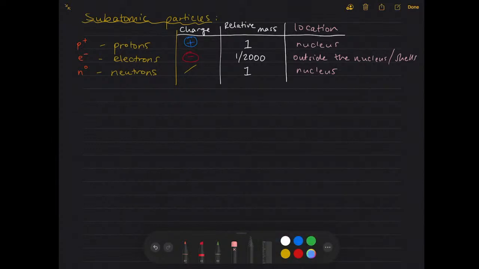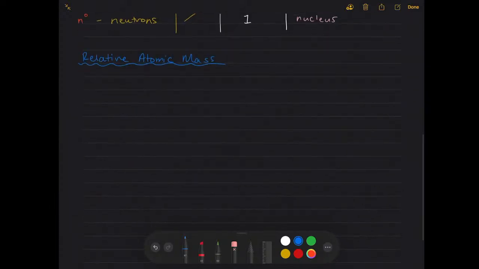That rather neatly leads us on to what we call relative atomic mass. Now, if you turn to your periodic table, and you've probably seen it before, in general, most elements are represented in a box with a symbol, which I'll use X to represent currently.